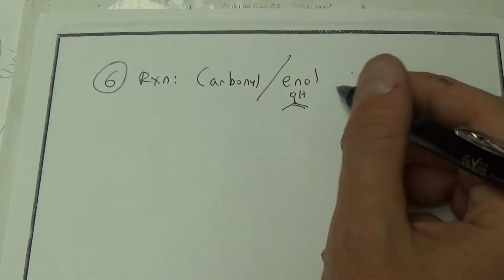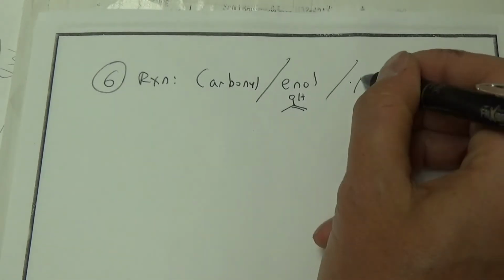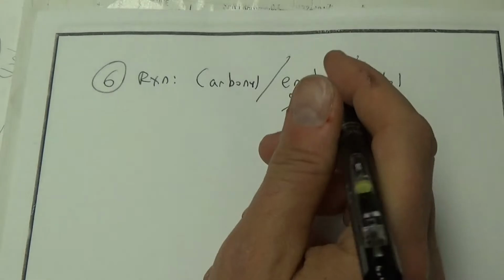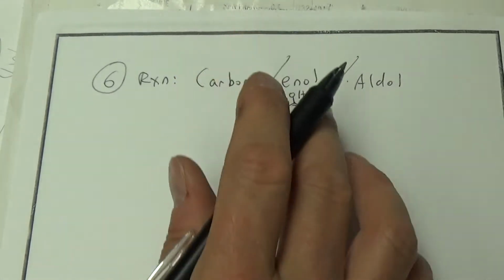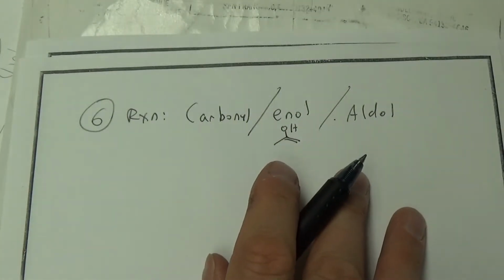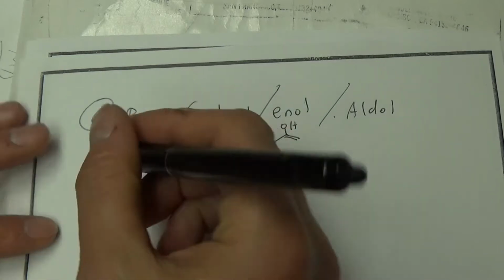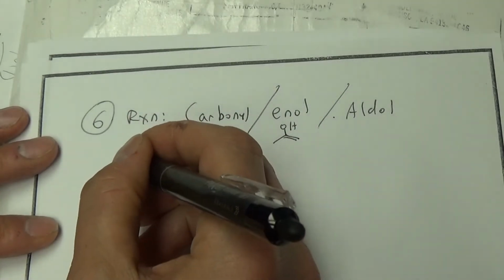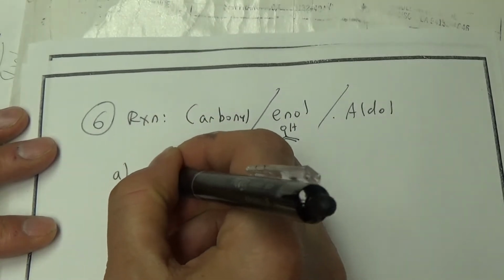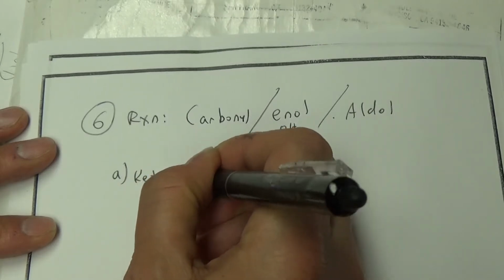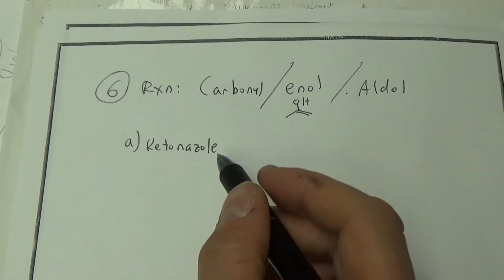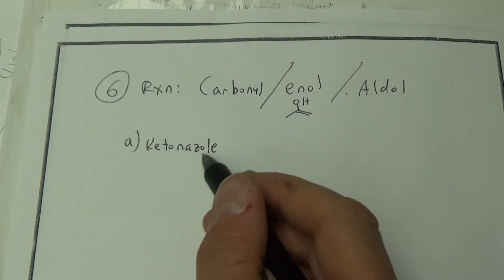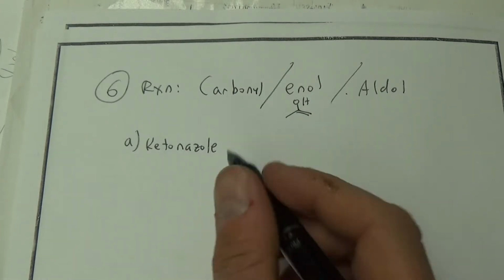They'll go attack things. Aldol reaction, etc. All right, so we just finished ketoconazole. That was that kind of cool antifungal drug with the weird acetal and the linkage off the acetal.